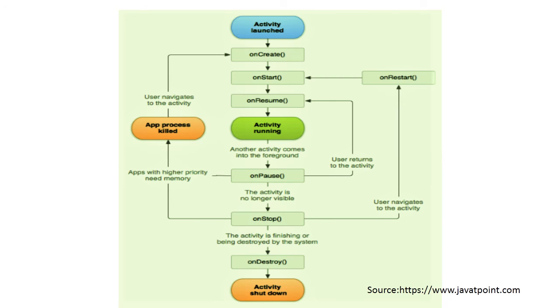Usually you won't need to override it because the default implementation saves the state for all your user interface controls automatically. And the last one is onRestoreInstanceState. This is called when the activity is being reinitialized from a state previously saved by the onSaveInstanceState method.